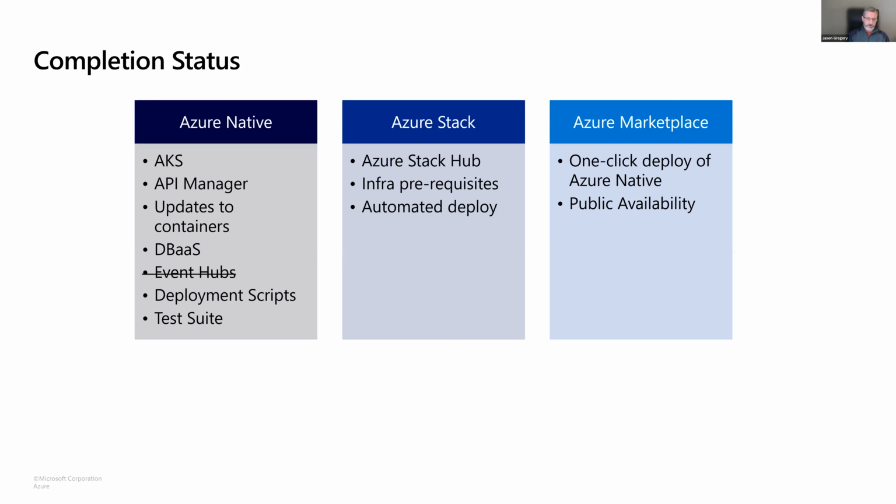The one item that we wanted to do but didn't have time, and we found some issues around this, was the messaging subsystem that you're using, Kafka. We have a capability in Azure called Event Hubs, and that's going to be a really low TCO, very cost-optimized way of running high-throughput event-driven architectures.